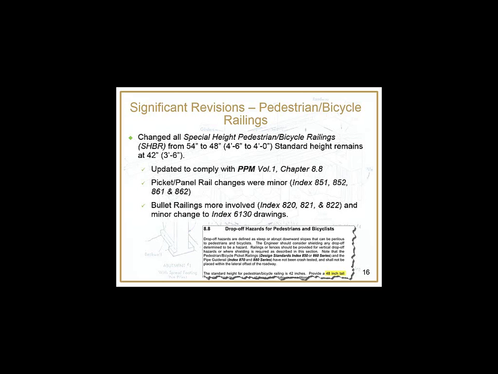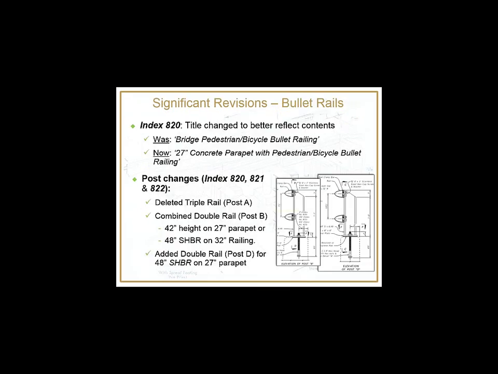So you'll see we eliminated the post A, which was the triple bullet rail configuration, and we've added a post D, which will address the 48-inch height on top of the 27-inch concrete parapet.